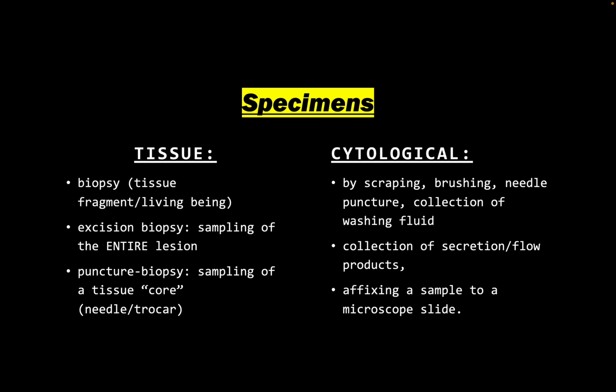We usually use a needle or trocar. Cytological specimens are obtained by scraping, brushing, needle puncture, collection of washing fluid, collection of secretion flow products, affixing a sample to a microscope slide.